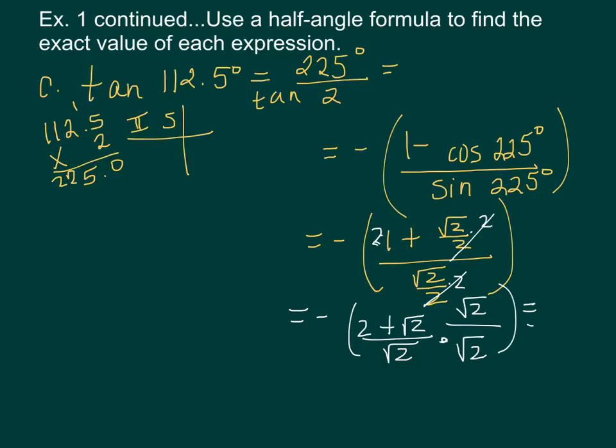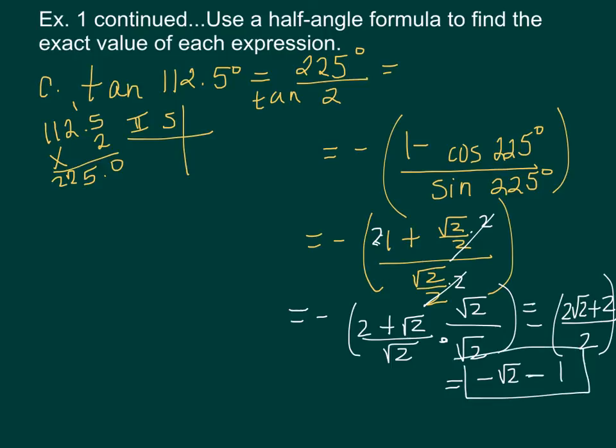And you'll get negative, I'm going to have to distribute, 2 radical 2 plus 2 all over 2. And if I reduce both of those, I'm going to get negative radical 2 minus 1. And there's my answer.